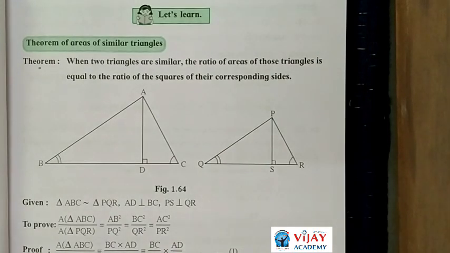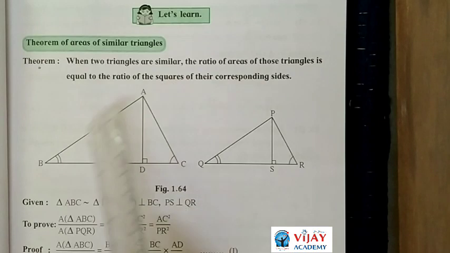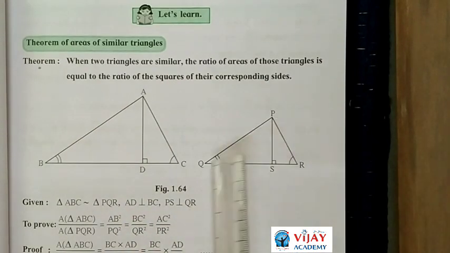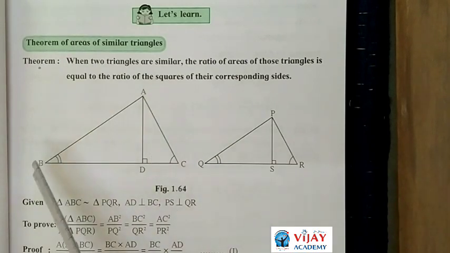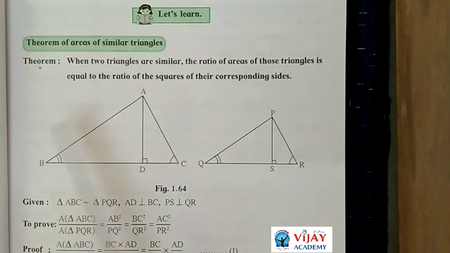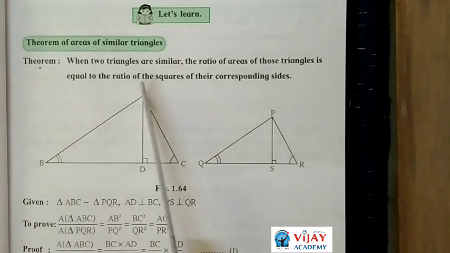If we take triangle ABC and triangle PQR, and these two triangles ABC and PQR are similar, then the corresponding sides are AB upon PQ, BC upon QR, and AC upon PR.